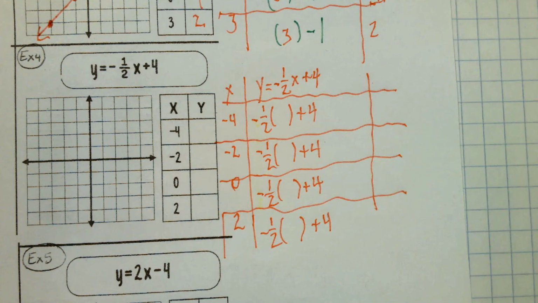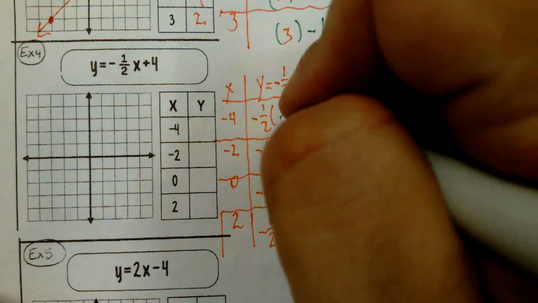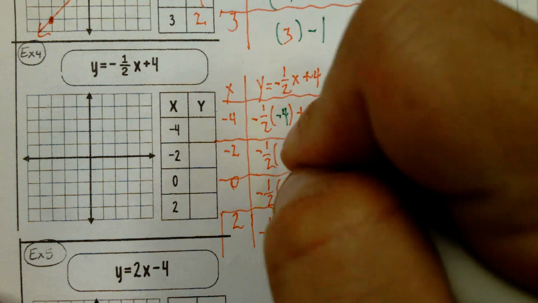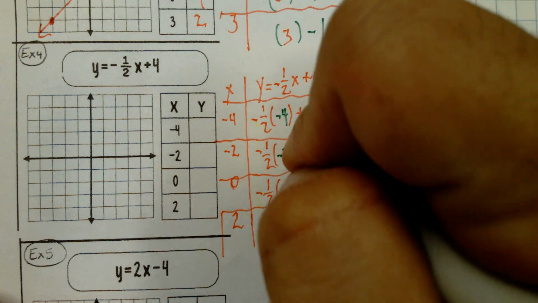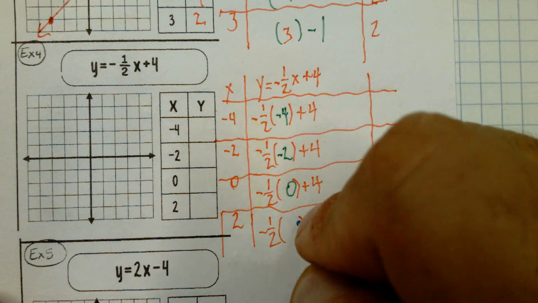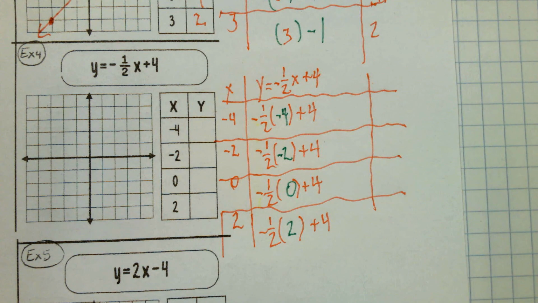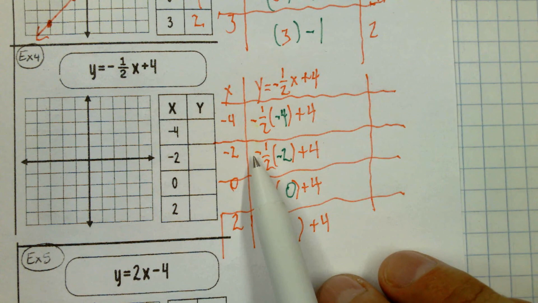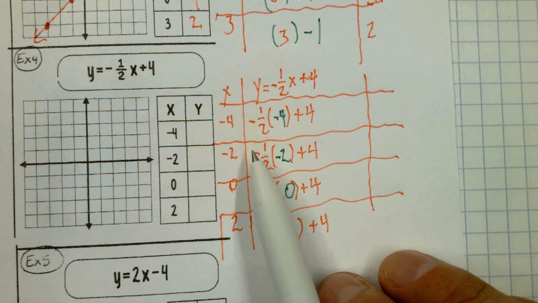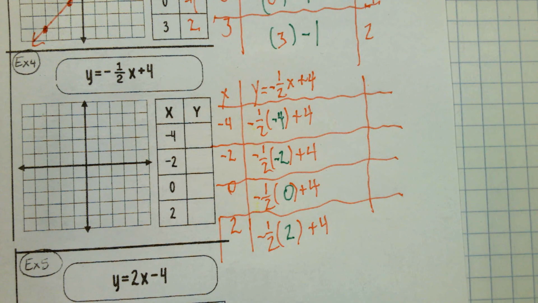So let's plug in our x values. Negative 4, negative 2, 0, and 2. They made it easy on us by picking only even numbers. Okay, go ahead and do that. And let's do the math.